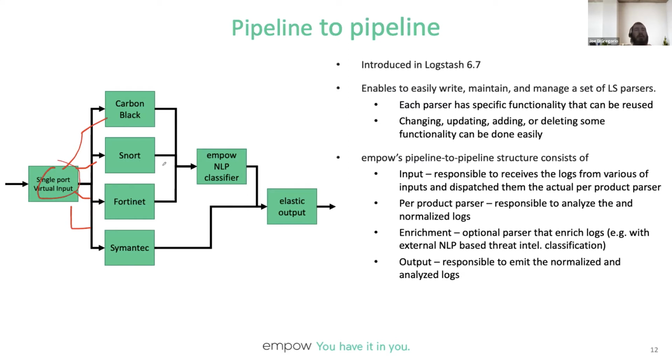You could either go directly out to your output, or you have the option to use our empow's classifier, which is, again, an NLP classifier. You can have it go to this classification center. Again, this is free registration within our site, so you can use this as you like. Once you've gone through that, you can then have it go directly to your output, and you have that additional information off those systems.